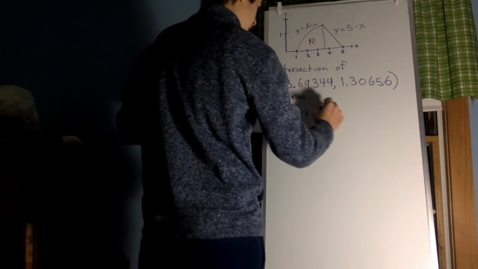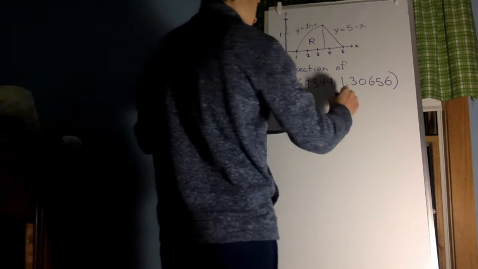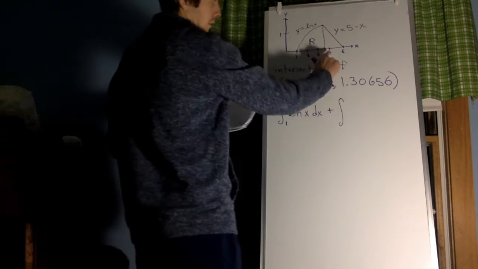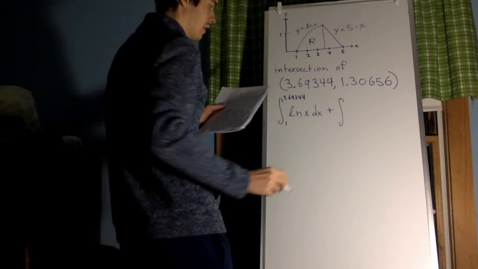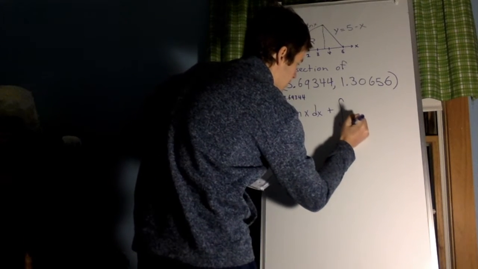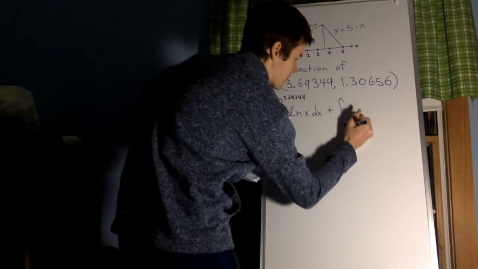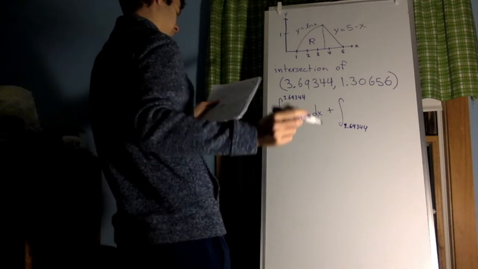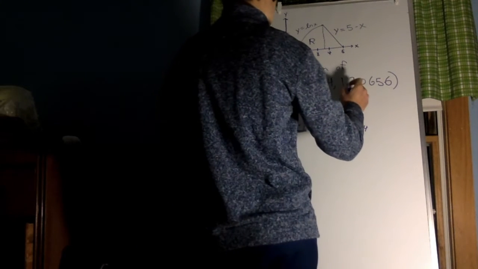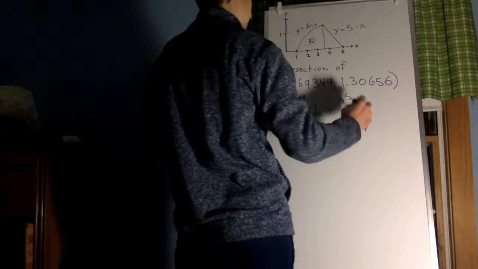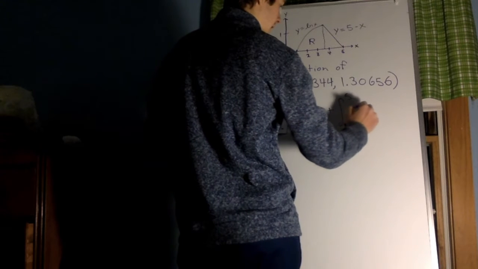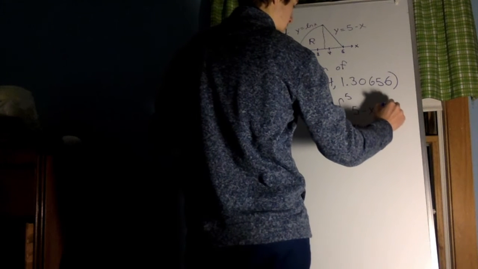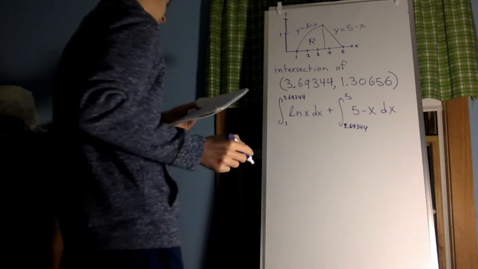And then I'm going to add the integral from, now we need this section over here, our lower bound is going to be 3.69344 and the upper bound is going to be 5, of 5 minus x with respect to x.